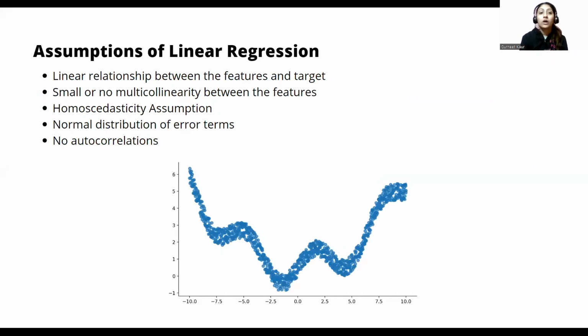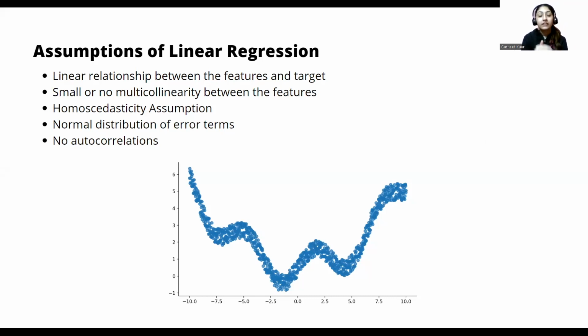Now coming to the assumptions related to linear regression. The first assumption is that there is a linear relationship between the features and the target. Linear regression assumes a linear relationship between the dependent and the independent variable, right? Then small or no multicollinearity between the features.